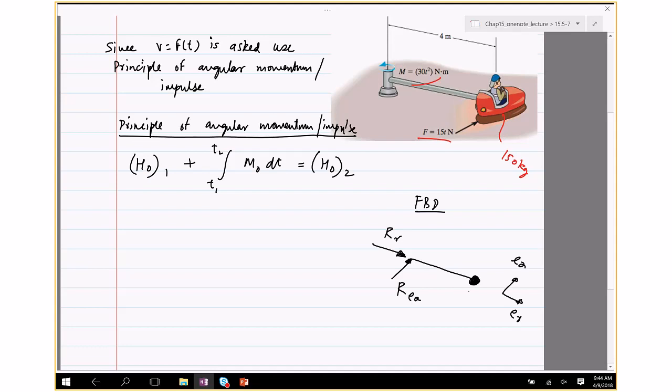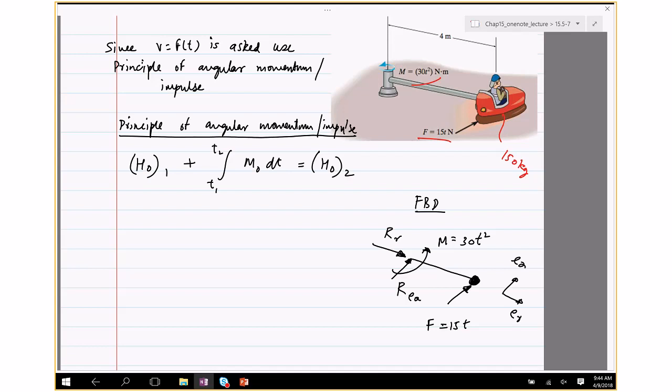There is a force acting in this fashion, it's 15t, and there's a moment 30t square. There is no friction, so if there was friction, you'd show it in this direction, opposing motion. But since there's no friction, you don't have to worry about it.